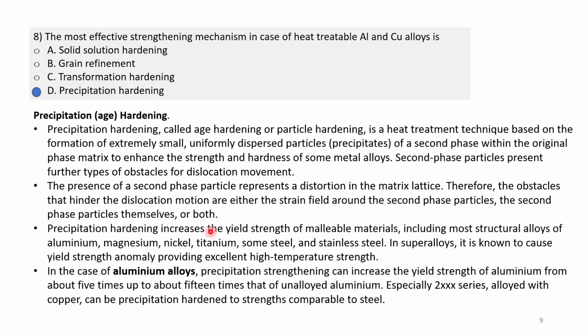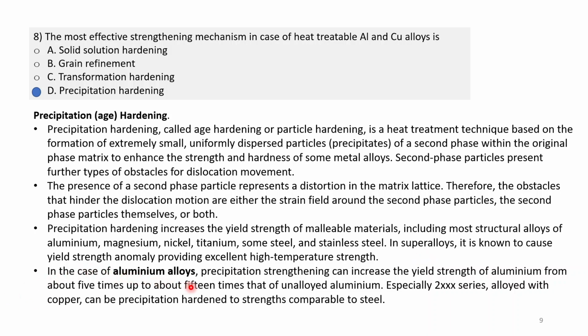Precipitation hardening increases the yield strength of malleable materials, including most structural alloys of aluminum, magnesium, nickel, titanium and some steels and some stainless steels. In superalloys, it is known to cause yield strength anomaly, providing excellent high temperature strength.